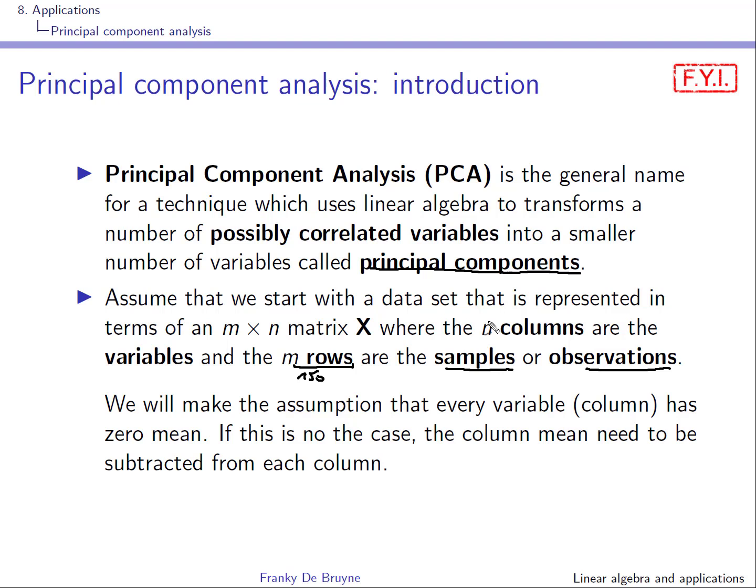In our case n will be equal to 4. We'll make the assumption that every variable has a zero mean, and if this is not the case, you should subtract the column mean from each column.